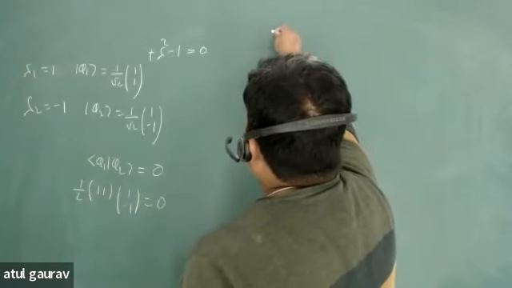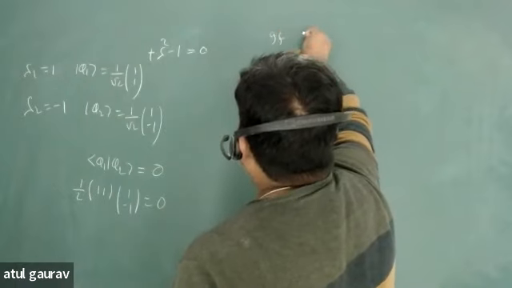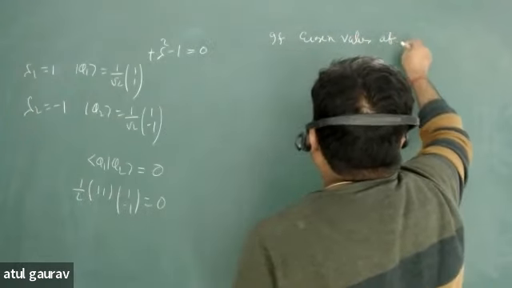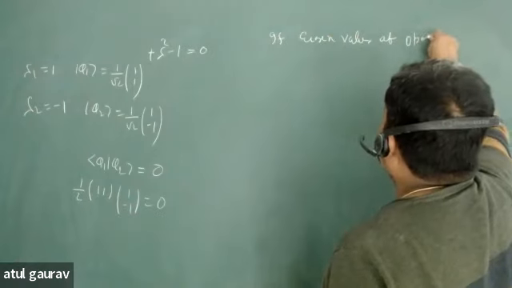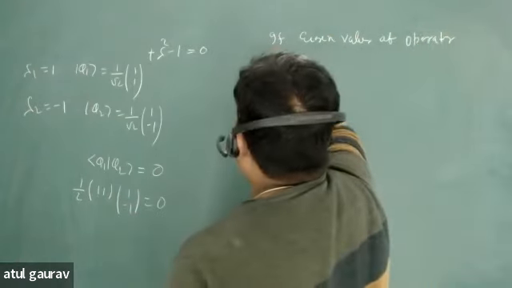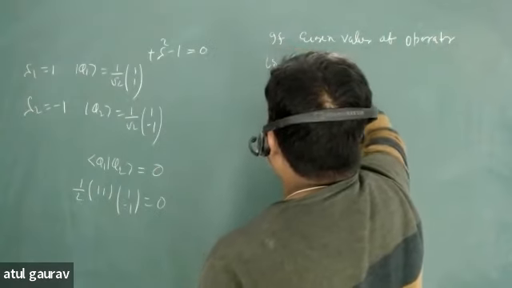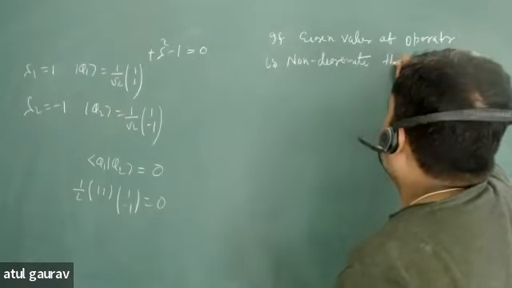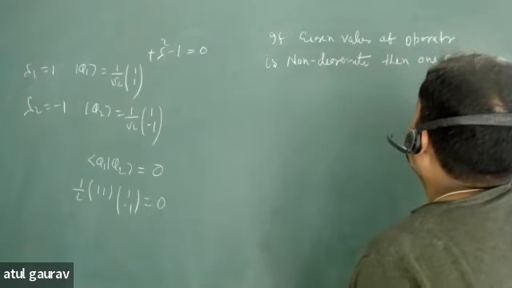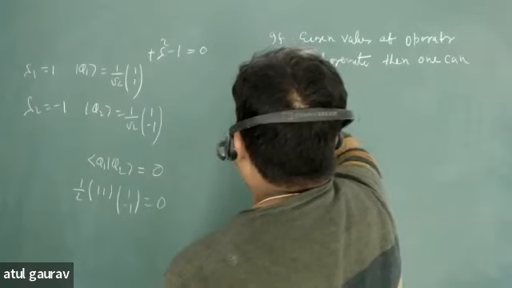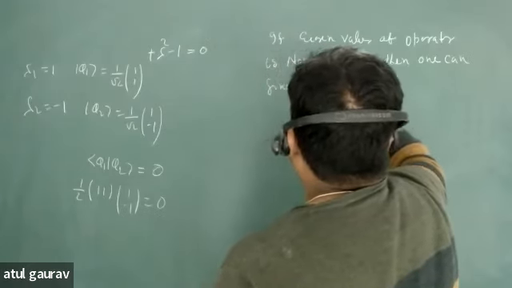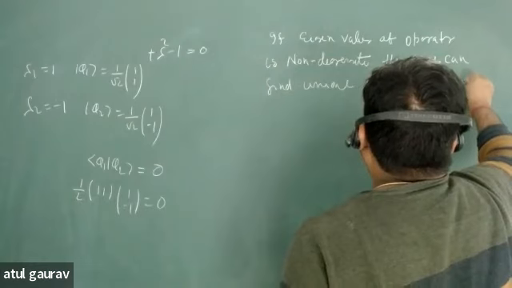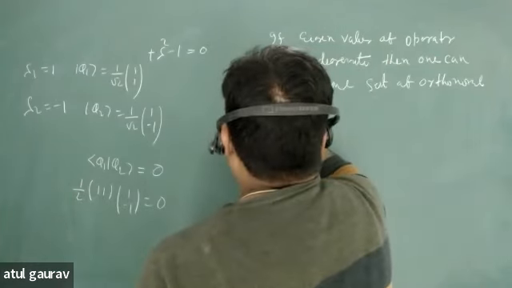Now, if the eigenvalue of an operator is non-degenerate, then one can find a unique set of orthonormal vectors.